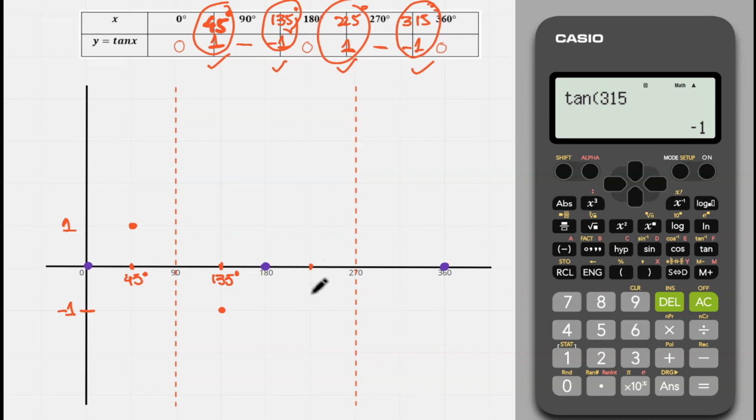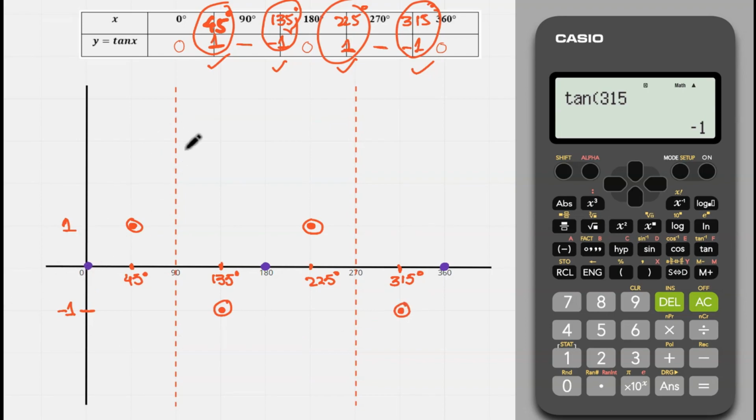This is 225 degrees, and at this my graph gives me 1 again, and this is 315 degrees, and I get my answer to be minus 1 here. So these are the new points that I've plotted here.